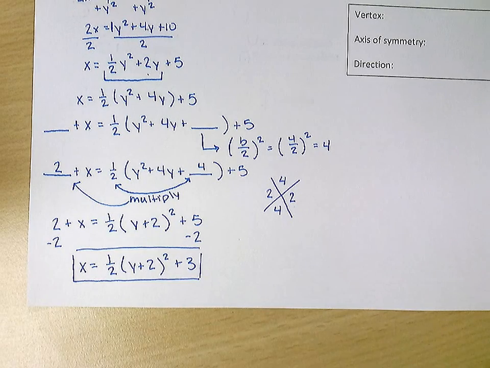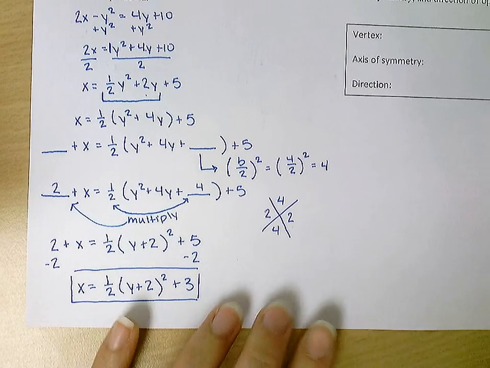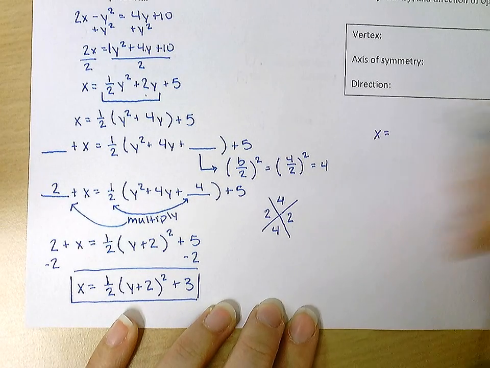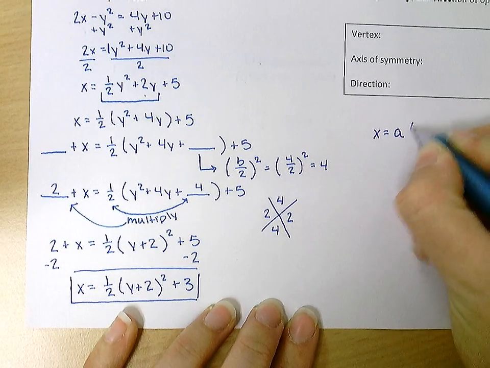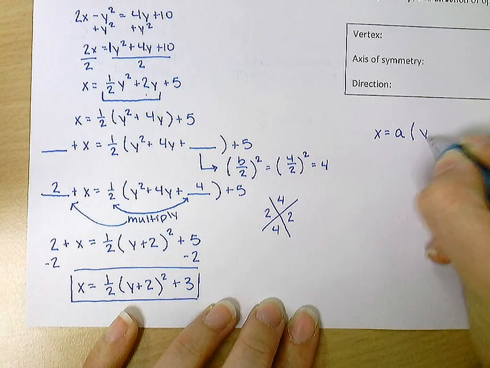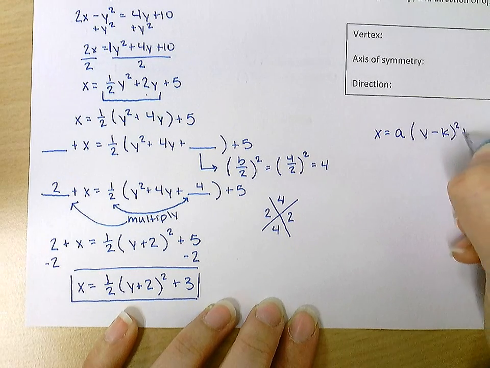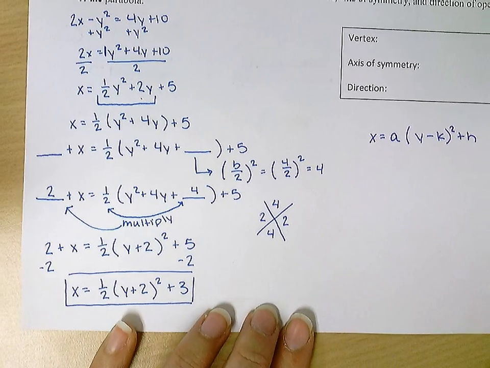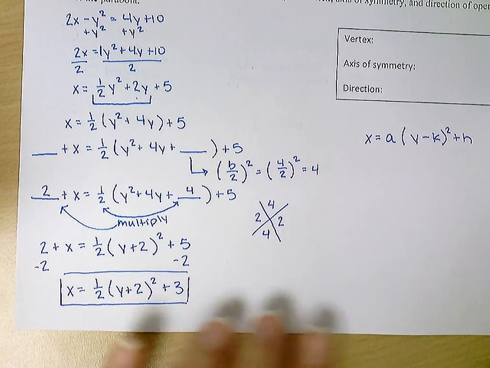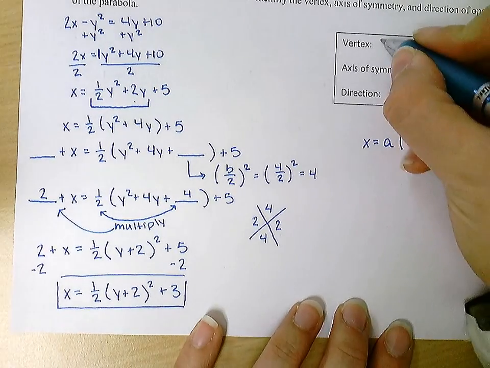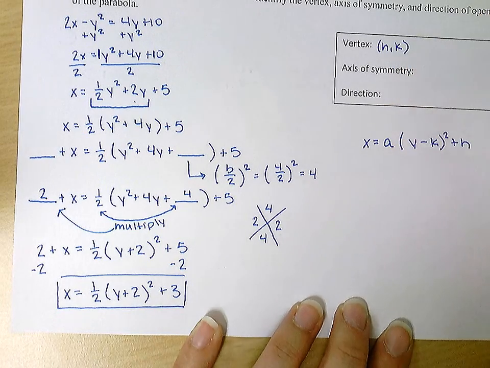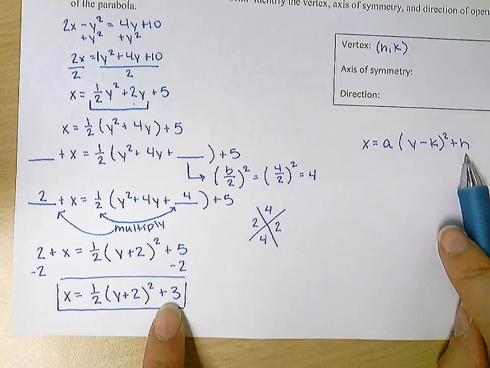And we have to now label our vertex. In your x equals equation, that's of the form x equals a times the quantity y minus k squared plus h. Now, your vertex is still (h, k), but now our h is in a different spot.